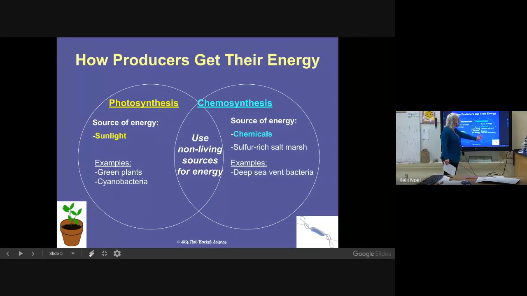And here we've got deep sea vent bacteria. So deep in the ocean floor are these hydrothermal vents that are bringing out hot water, and they are discovering that there are some bacteria that live in those vents and that use the chemicals from those vents to produce the food that they need.